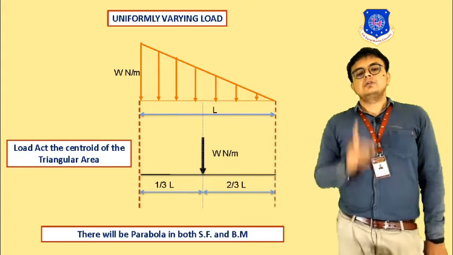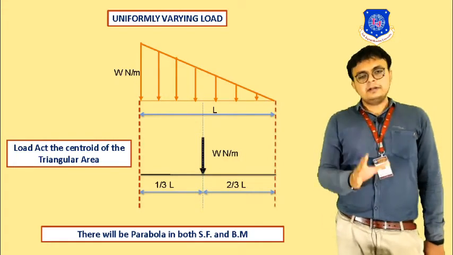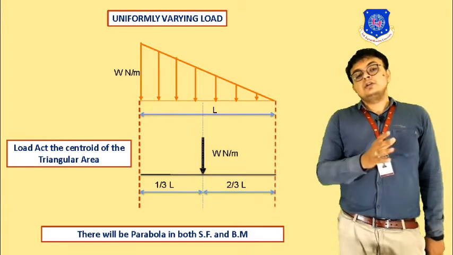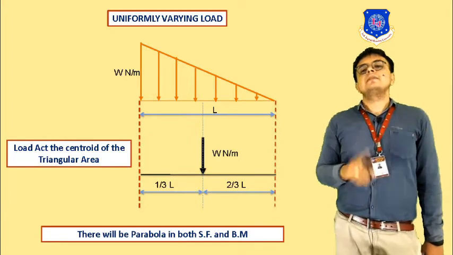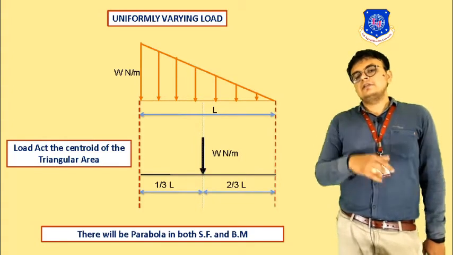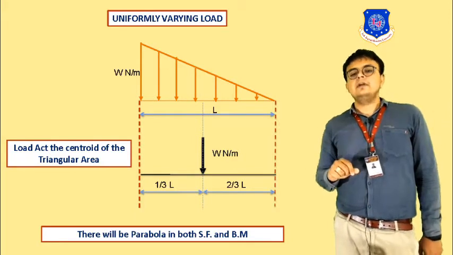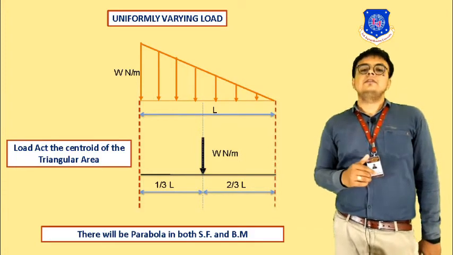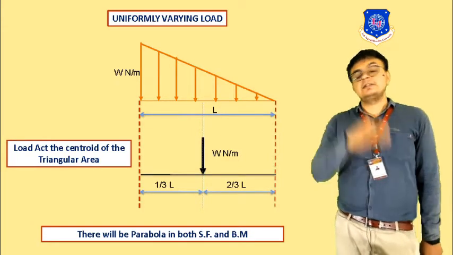Okay, so the load will be acting at the centroid of the triangular area. Its centroid location is in such a way that from the larger intensity part it will be at a distance of 1/3 L, and from the smaller intensity part, on the right hand side, it will be 2/3 L. This is how the loading is being done in the uniformly varying load.